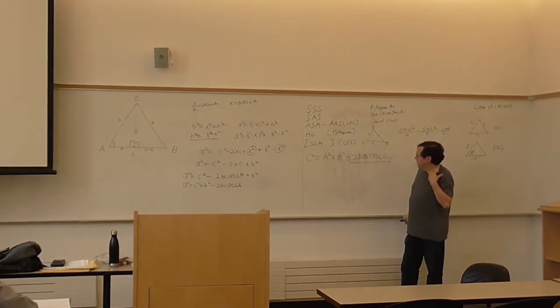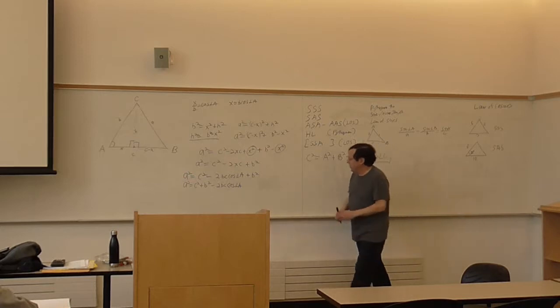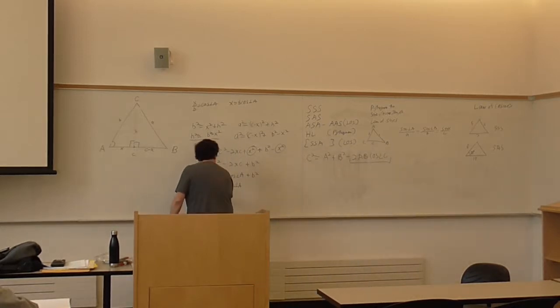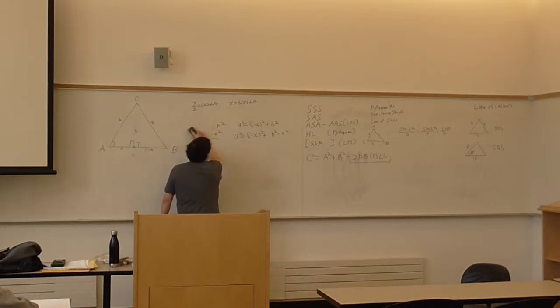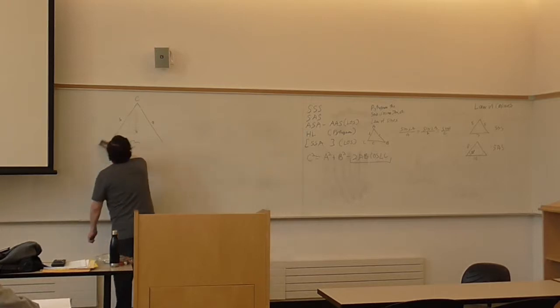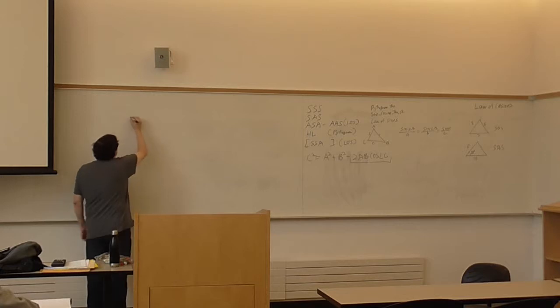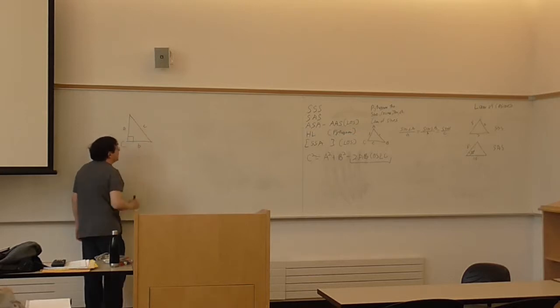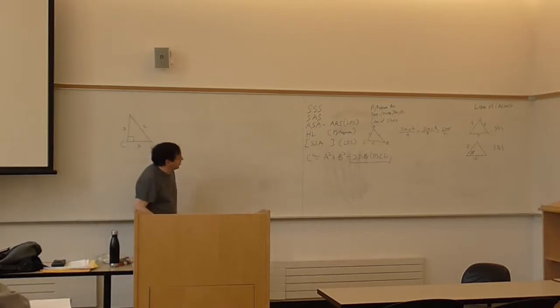All right, let's investigate this a little bit now. What would happen if I had a right triangle with the right angle being angle C? So my angle C, my a and my b. What happens?